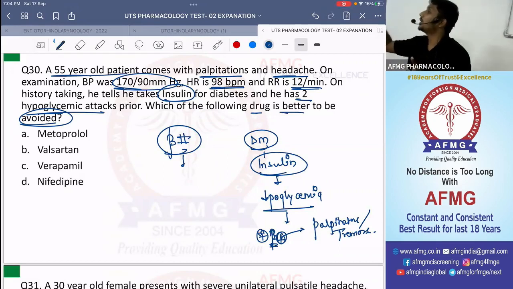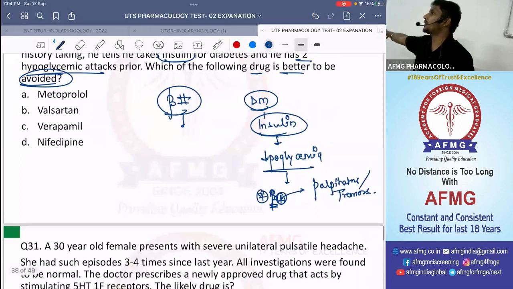And the patient gets to know that okay, I am having hypoglycemia, I am getting these symptoms, so I should eat glucose. Okay? But if a beta blocker is given to a patient, will these symptoms appear?